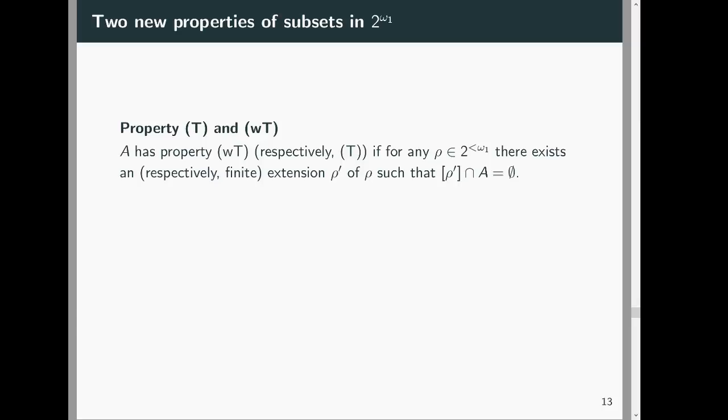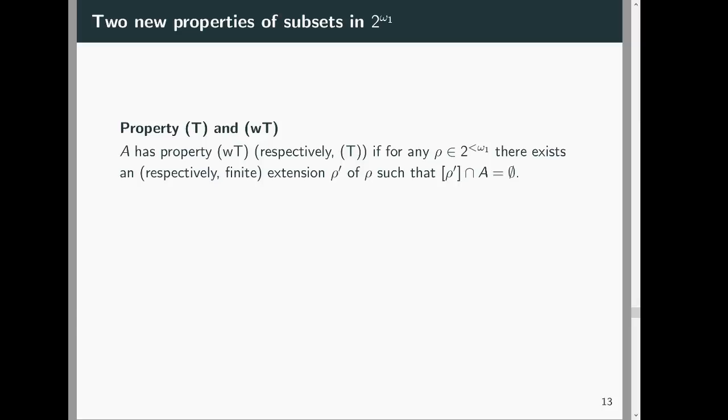T means that a set A is tiny if for any countable subset of 2^ω1, you can extend it by putting in finitely many pairs such that the set of all functions from ω1 to 2 which contain p', intersected with A, is empty.